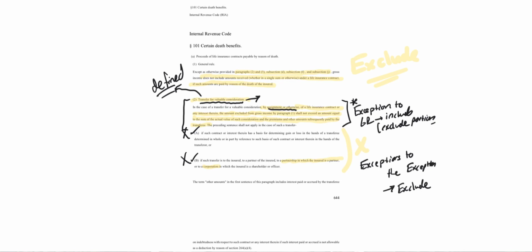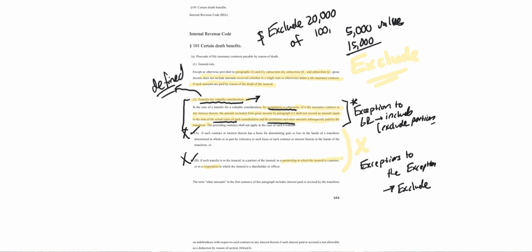So the exception applies. She only gets to exclude the portion that is the actual value and any premiums paid. So that's going to be the $5,000 surrender value at the date, and the $15,000 of premiums. So she only gets to exclude $20,000 of the $100,000 she received.